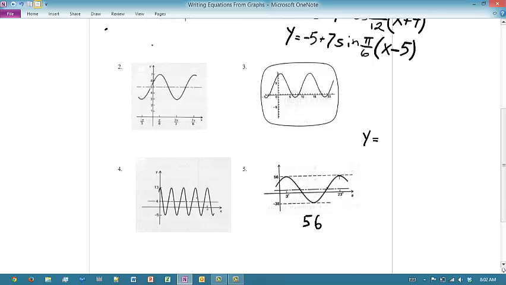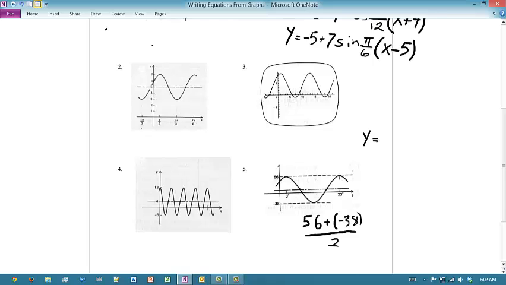To do that, we're going to average these two values. So it's going to be 56 plus negative 38 divided by 2. When we do this in our calculators, we get 56 minus 38 is 18, and 18 divided by 2 is 9.